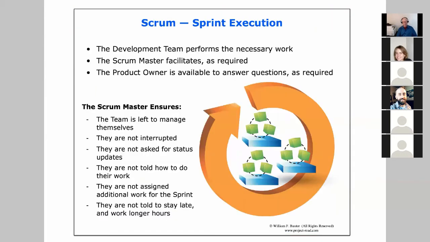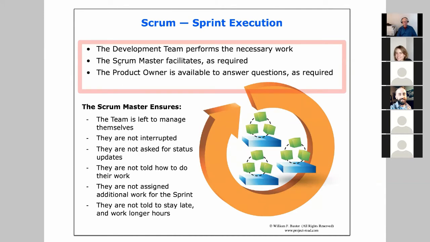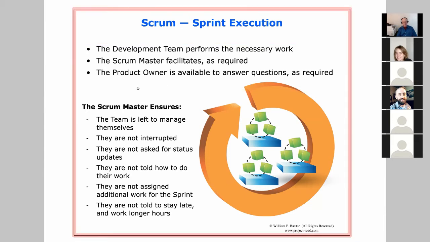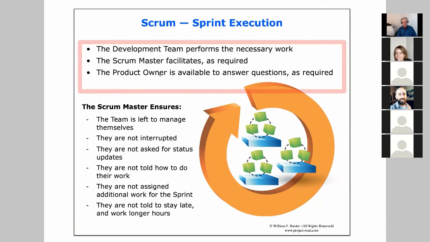So this is a slide about the sprint execution, where the development team is going to do the work. The Scrum Master is going to facilitate the interactions. The product owner is going to be available to answer questions about the user stories and other requirements as they come up, to provide context and so forth where needed.